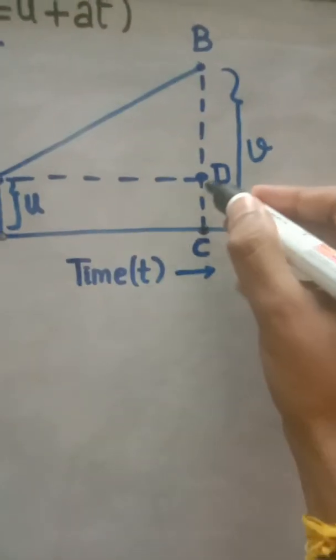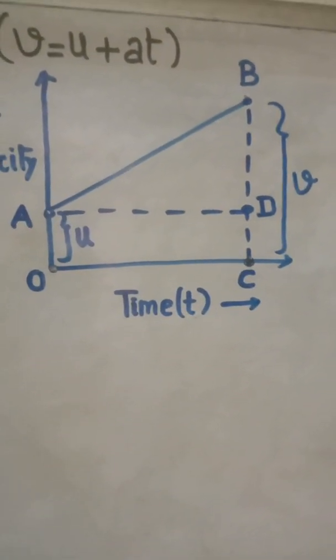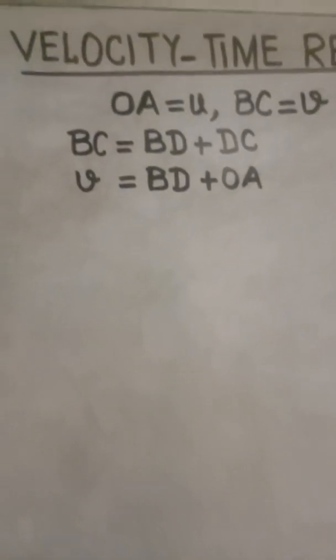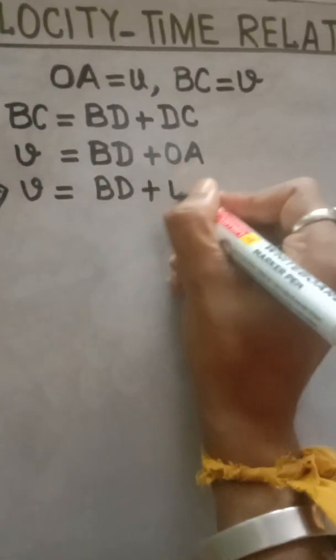And DC, if you see, this and this can be considered equal because they are opposite sides of a rectangle. So this is BD plus OA. Now we can write v is equal to BD plus u.